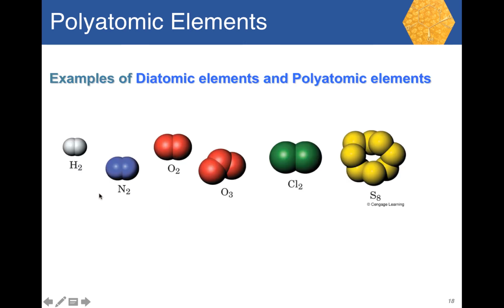An example of how this is represented here: you can see H2, 2 atoms, N2, 2 atoms again, O2, 2 atoms, and of course O3 has 3 atoms. Look at sulfur. Sulfur has 8 atoms that exist in nature. So if you get a bottle of sulfur, there are basically 8 atoms bonded together, and not just sulfur by itself.